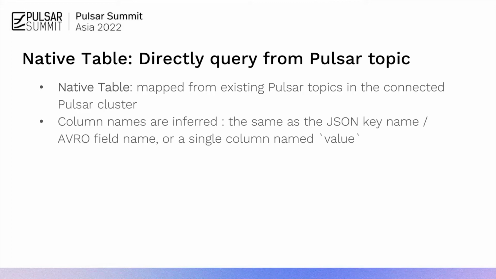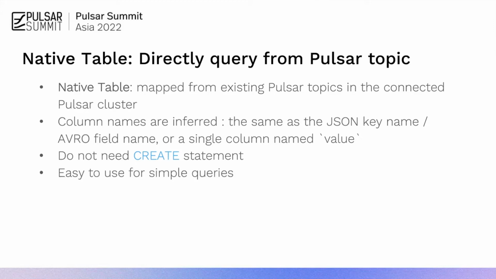If it's just unstructured data, then there will be only one column, and its name will be value. For this kind of table, you do not need any create statement. This also explains why the earlier type of table is called explicit, because that kind of table requires an explicit create table statement.